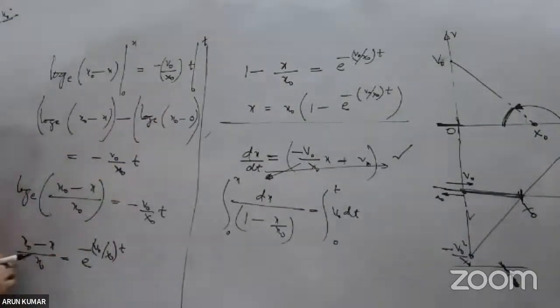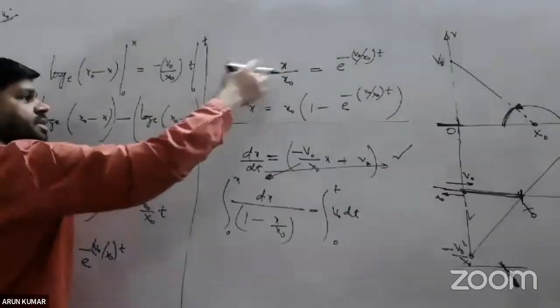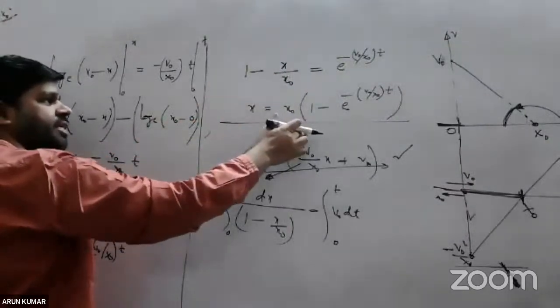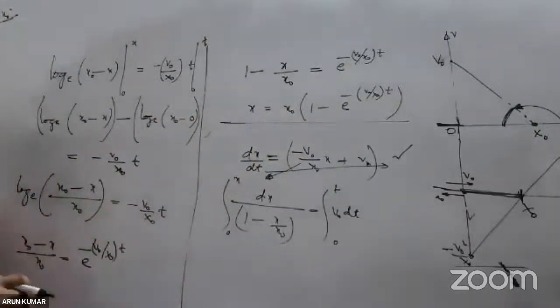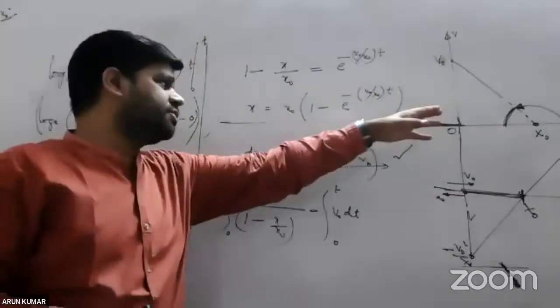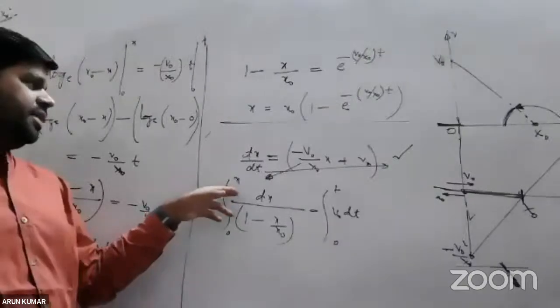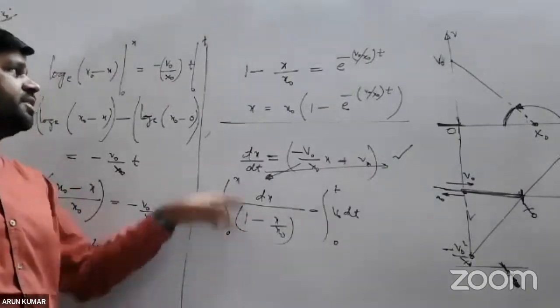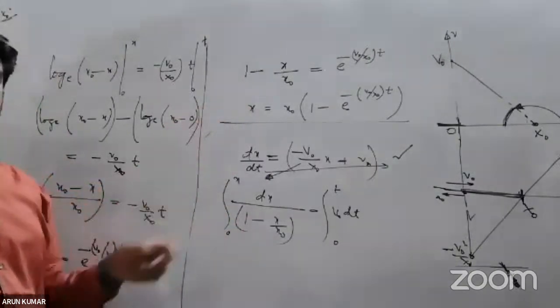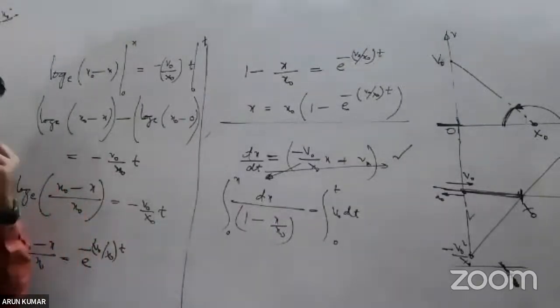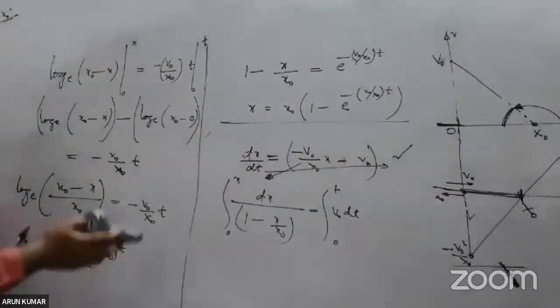Now I rearrange this equation, and I get x as a function of t. So step 1 was write the equation of the graph, set v equal to dx by dt, integrate it, substitute the limits, rearrange it, and you get x as a function of t. Okay, sir. Thank you. Most welcome.